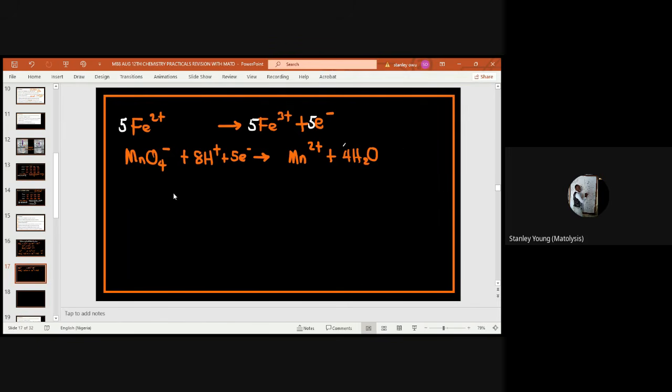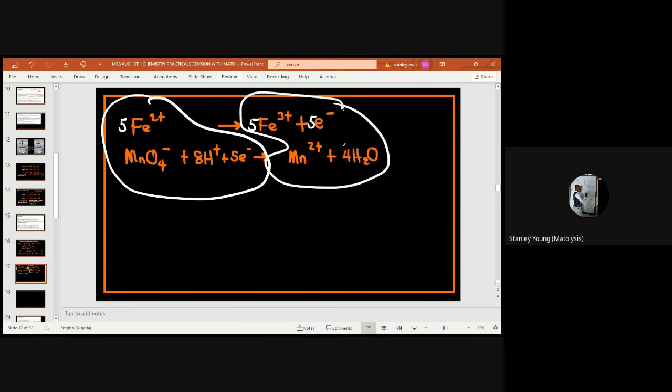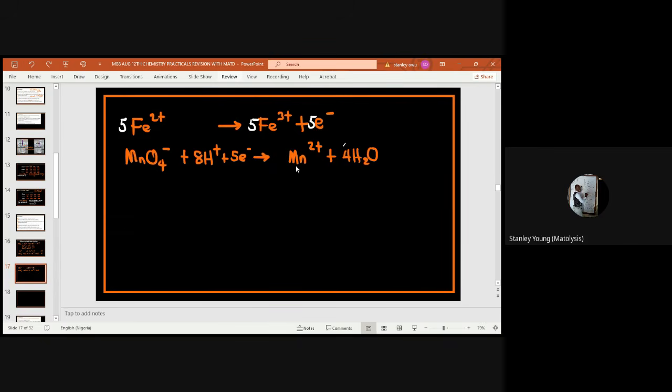So now we can combine the first two. We can combine everything on the left versus everything on the right. So let's do the combination. When you do that, the electron is going to cancel out. So you then have 5 Fe2+, MnO4-, plus 8H+, plus 5 electrons.